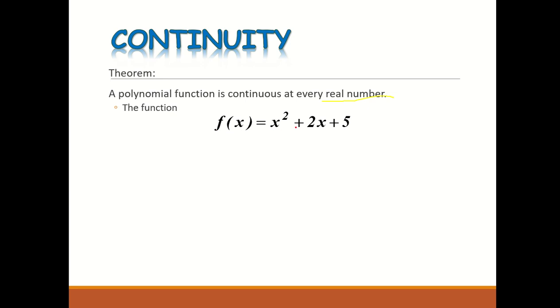So the function is continuous. The best way is to graph this function. Again, you let any values for x and solve for f of x, then you plot the points, connect the points, and there you have the graph of this function. So this one is continuous at every real number, polynomial.